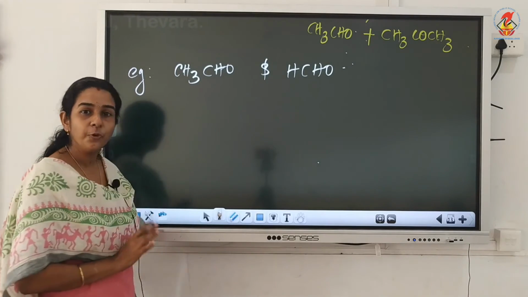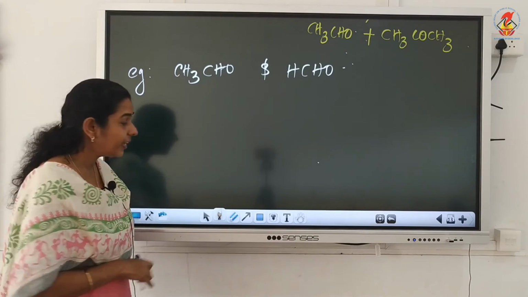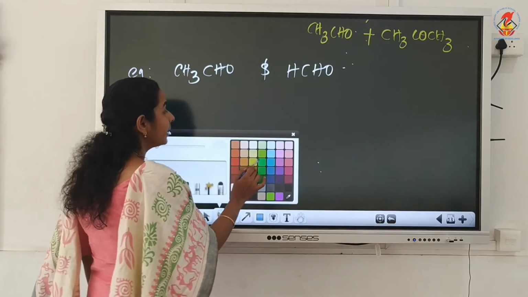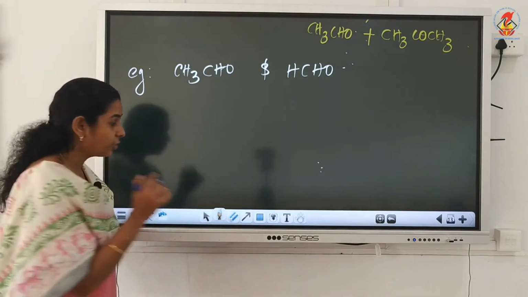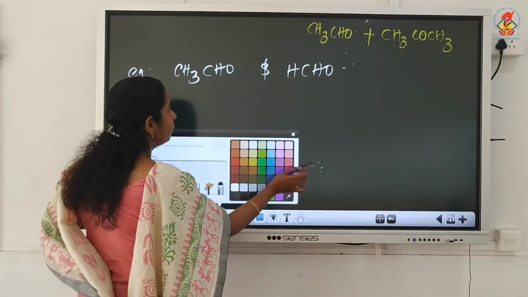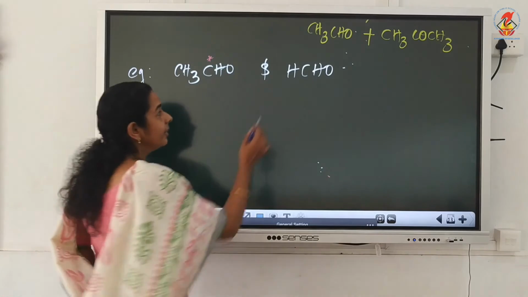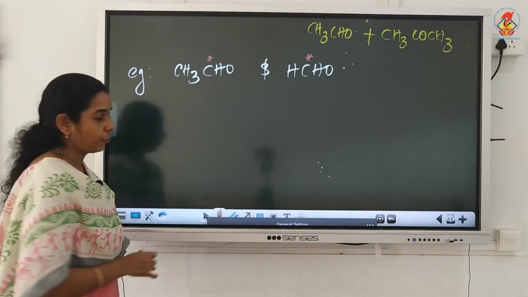Write the product formulas, CH3CHO and HCHO. And what we have to do is mark the carbonyl carbon in both. Carbonyl carbon means aldehyde or ketone carbon in both. So what we will get? Here the carbonyl carbon is the aldehyde carbon. Here also the carbonyl carbon is CHO.